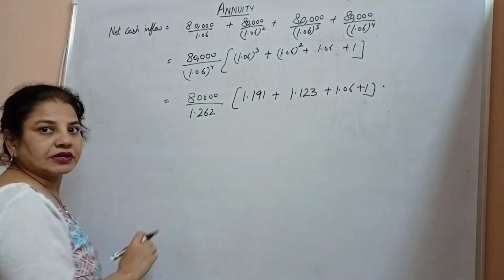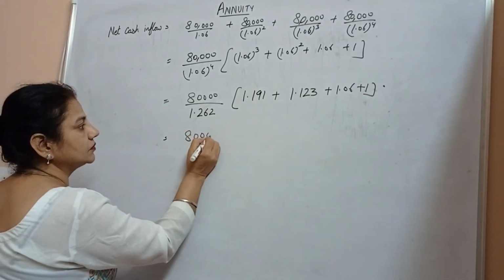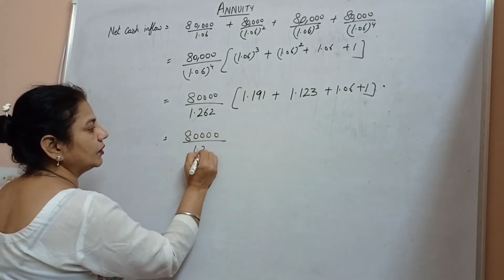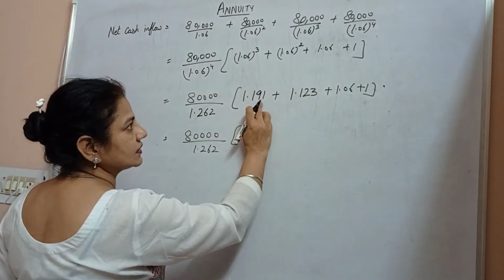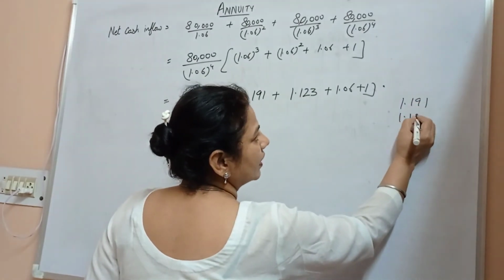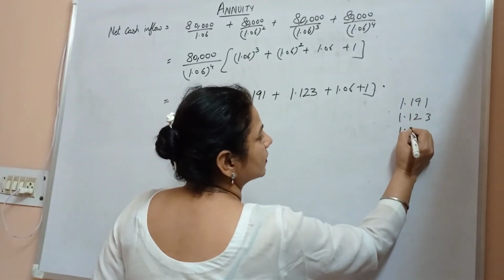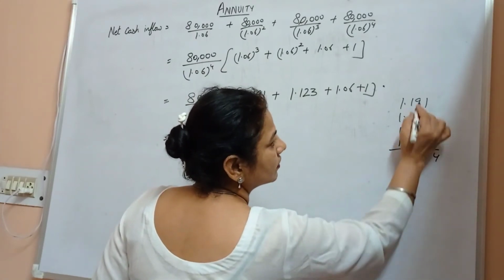These are approximate values. So we get 80,000 upon 1.262, adding 1.191, 1.123, 1.06 and 1.